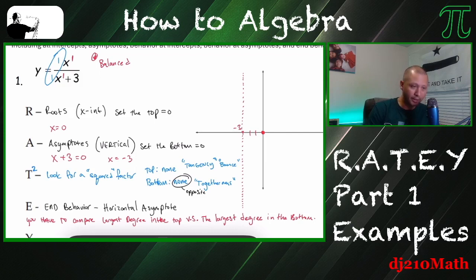Again, there's nothing in front of the x, so it's understood that there's a 1 there in both x cases. So 1 on top, 1 on bottom, right? There's a 1 in front of the x on the top, there's a 1 in front of the x on the bottom. So 1 over 1, which is just 1. So y equals 1. That's where the horizontal asymptote is going to be, at y equals positive 1.